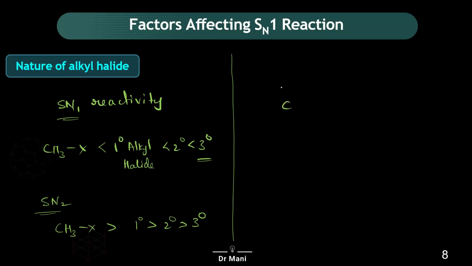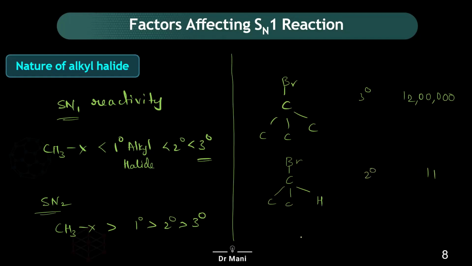You can also see the example for bromine. When it is attached to 3 carbons, the reaction rate is almost 12 lakh times faster. For the same one with hydrogen attached, it will be just 11 times faster.